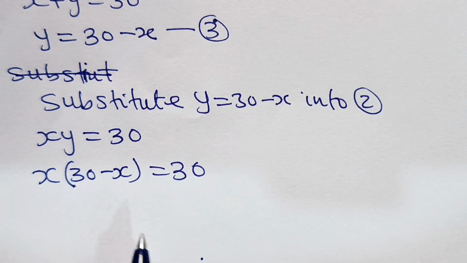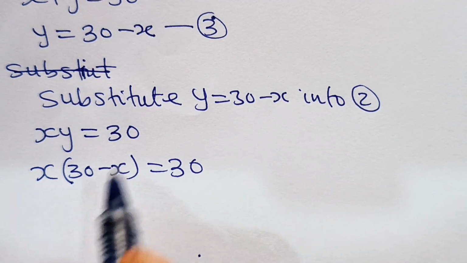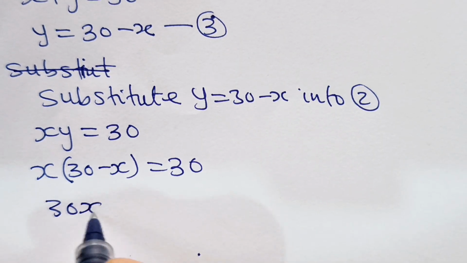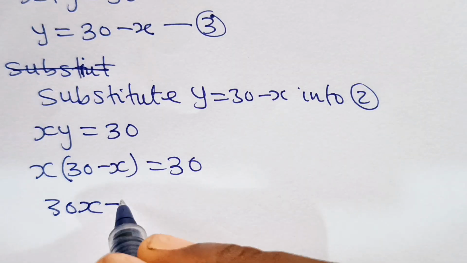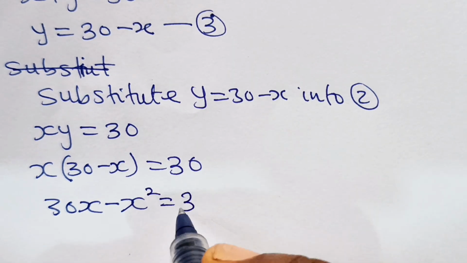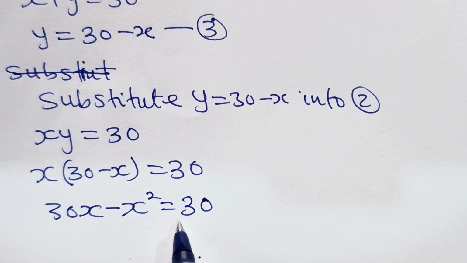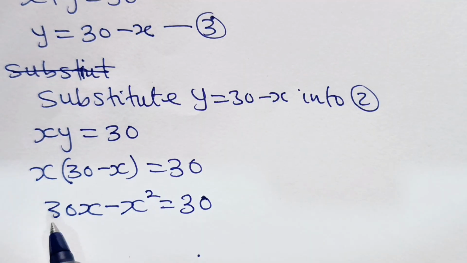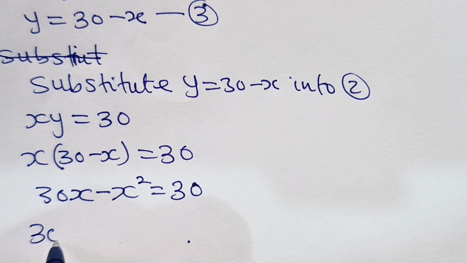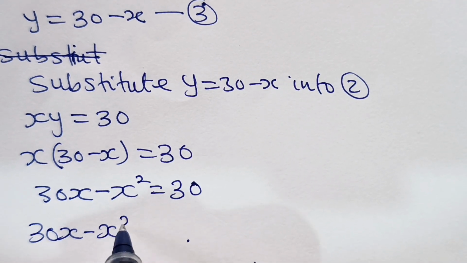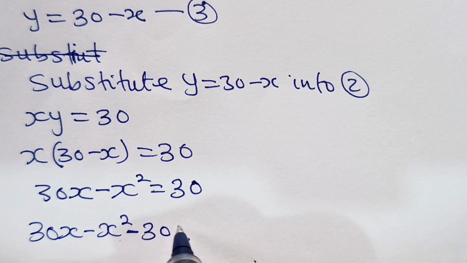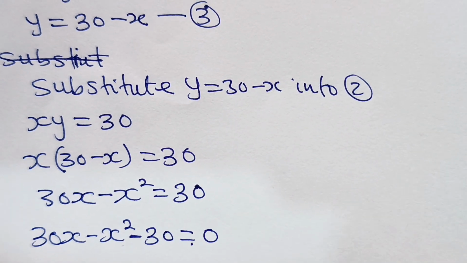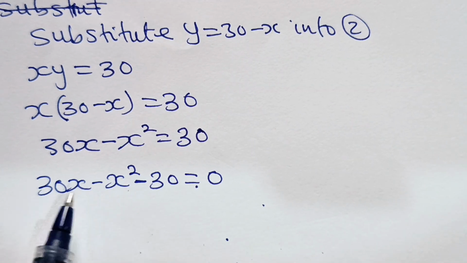Now let's open the bracket. If you open the bracket, we have x times 30 is 30x, minus x times x is x squared, is equal to 30. Now let's transfer this plus 30 to this side. If we do that, we have 30x minus x squared minus 30 is equal to 0. Now let's rearrange this.